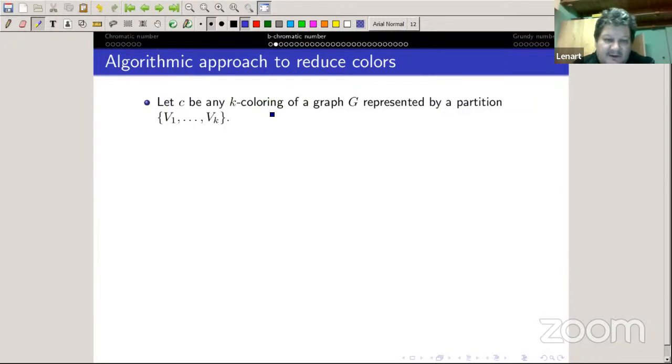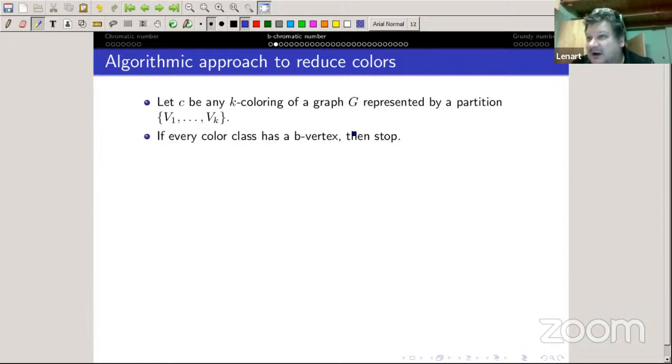Okay, so again, we have a k-coloring of graph G represented with this partition. If every color class has a b-vertex, then we immediately stop because we cannot recolor any color class.